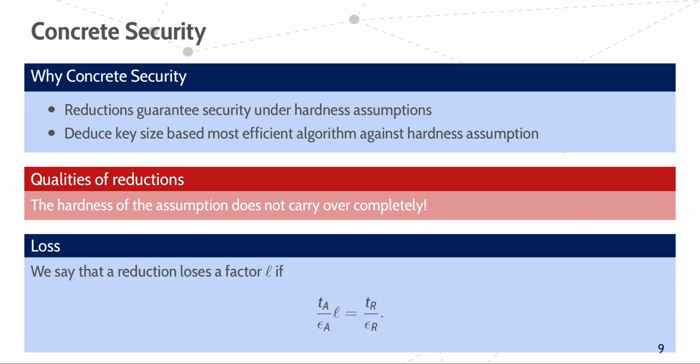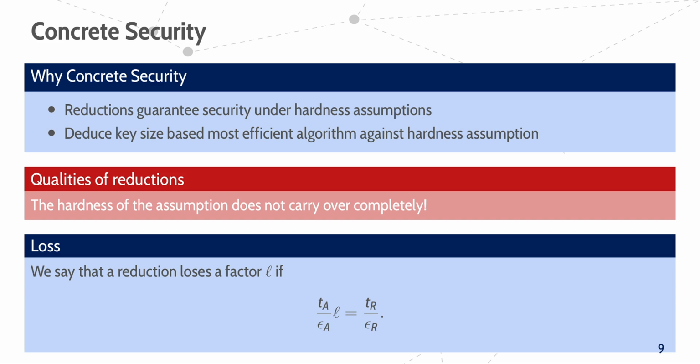This loss of a reduction is a factor L by which the runtime of the algorithm for the hardness assumption that is implied by the reduction over the algorithm's success probability is larger than the respective fraction for the original adversary. Thus, the loss captures how much less efficient the reduction is in breaking the hardness assumption compared to the efficiency of the adversary in breaking the security of the considered scheme.